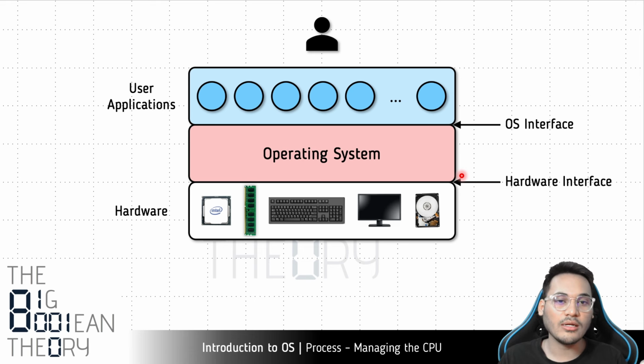So we have to understand what the hardware interface looks like for the operating system. In the context of the CPU, we are first going to recall what that interface looks like, and then see how the operating system manages the CPU.